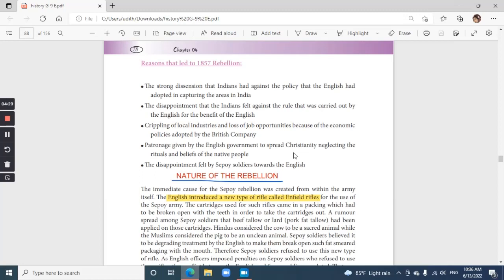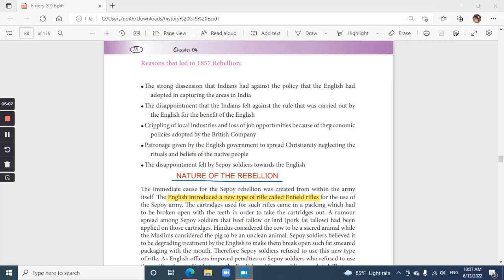The second point is the disappointment that the Indians felt against the rule carried out by the English, which was for the benefit of the English. The English were carrying out this rule not for the benefit of the Indians. The third one is the crippling of local industries and loss of job opportunities because of the economic policies adopted by the English company.